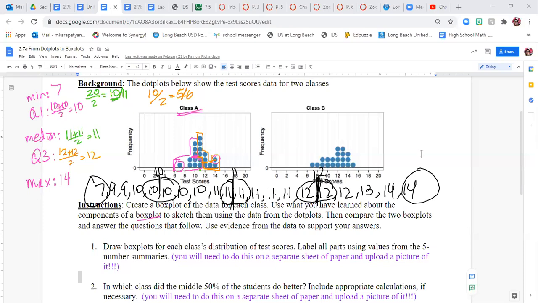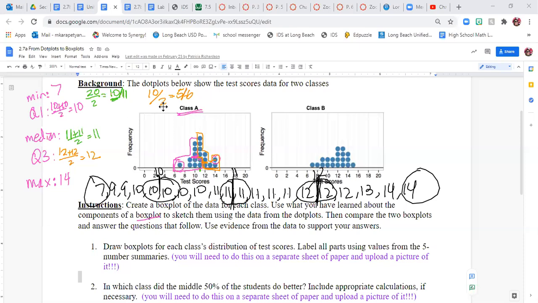Yes, I can. So this 5 and the 6. Okay, so after I split my data in half, right, to find my median, there were 10 dots in each half of my data. There was 10 in the first half, 10 in the second half, right? So to find my Q1 and my Q3, I had to take the 10 that were in the half and find the median of those 10.